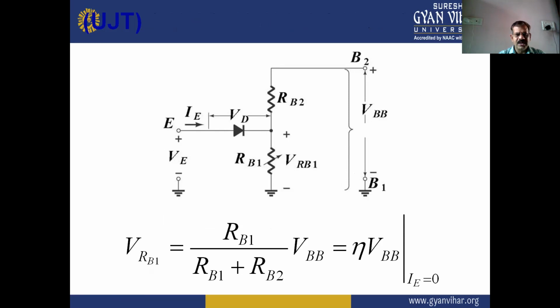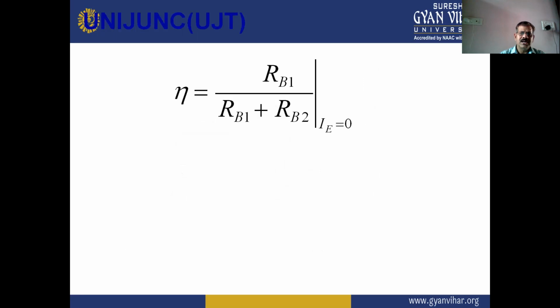We can find this voltage with the help of the voltage divider rule. So VRB1 equals RB1 upon RB1 plus RB2 times VBB, or equals eta VBB when the emitter current equals 0. Here eta is equal to RB1 upon RB1 plus RB2 when the emitter current is 0. So this is the value of eta.